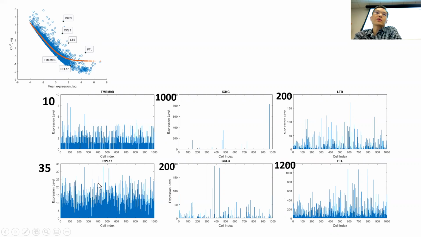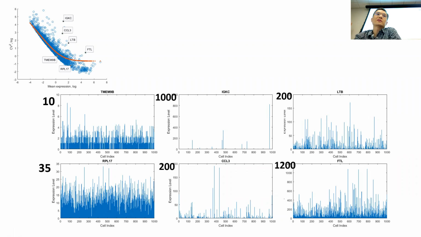And you can have some impression of how the scale is once you look at the values of this. And here, for example, FTL, you have a higher, nearly over 1,000 UMI, while the majority of the cells is below 30 or 25 here only. So you have the scale, the feeling.